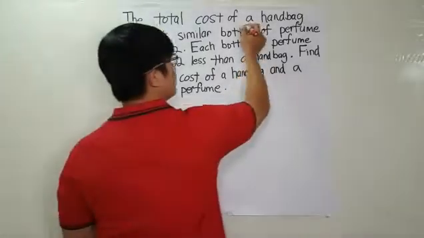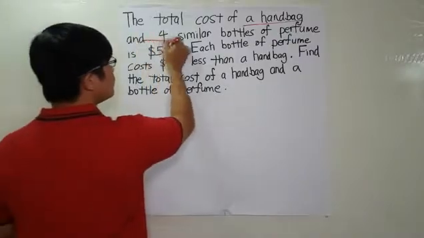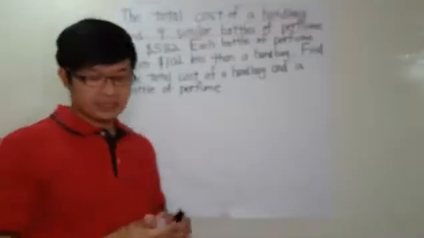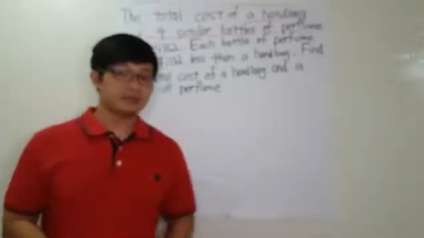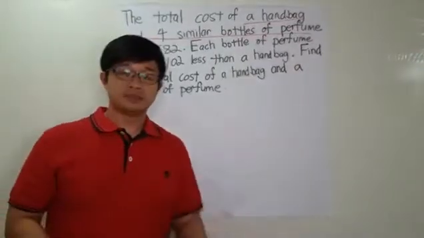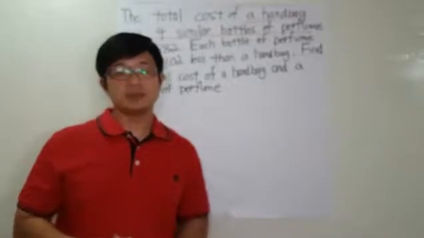We bought 1 handbag and 4 similar bottles of perfume. Your child should be able to tell you that there is 1 handbag and 4 bottles of perfume. And do we know the cost of a bottle of perfume? No. But what is it about the cost of the bottle of perfume that we know?